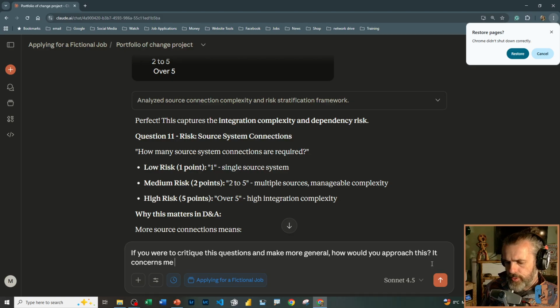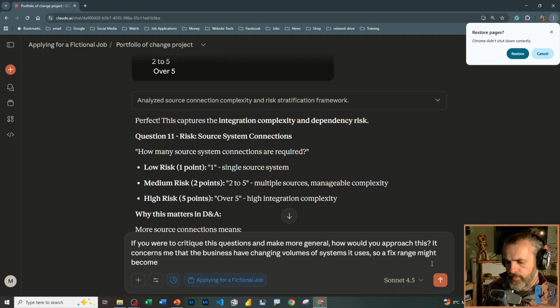It concerns me that the business has changing volumes of systems it uses. So a fixed range might become obsolete over time.